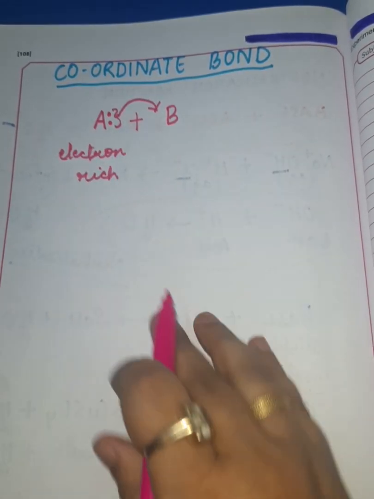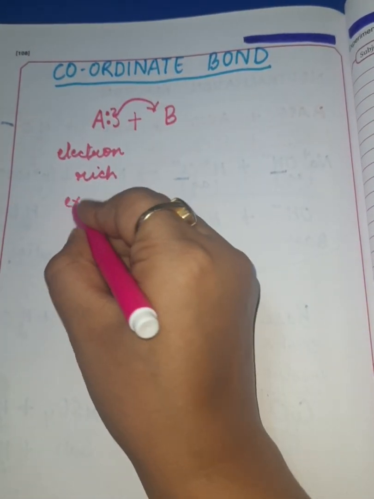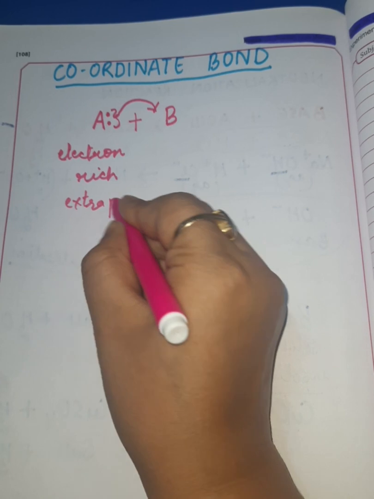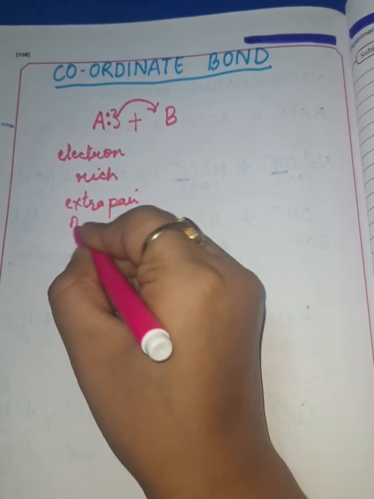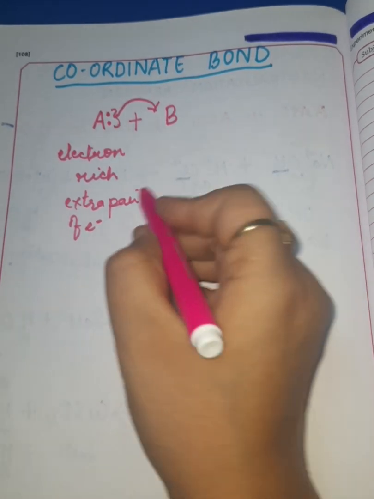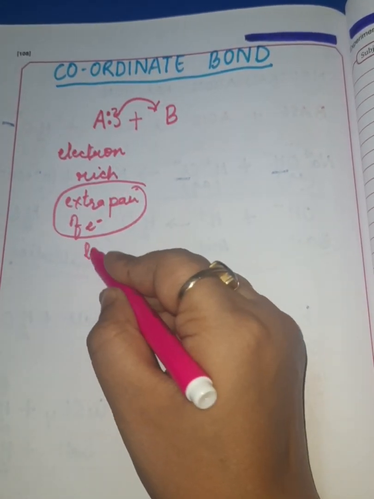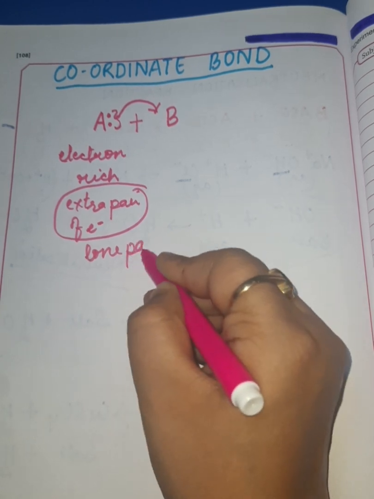Electron rich means it has an extra pair of electrons. Now what is the meaning of extra pair of electrons? Extra pairs of electrons are none other than the lone pairs.